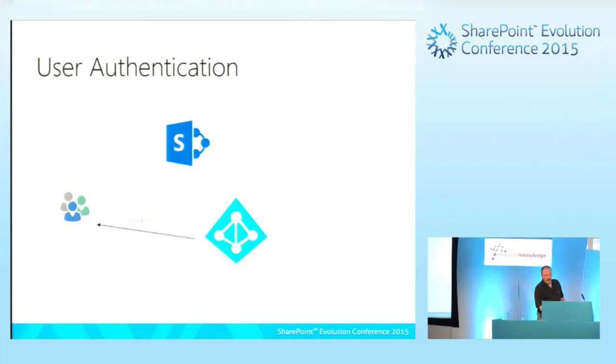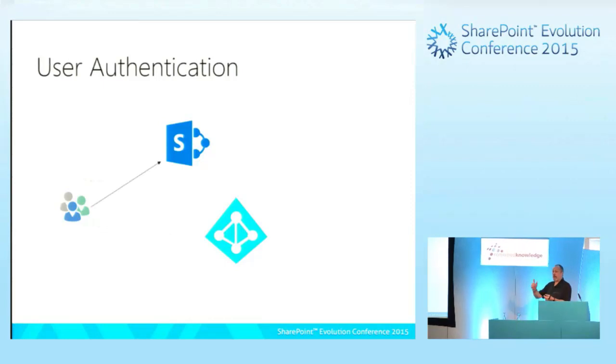That SAML token is then posted to SharePoint using JavaScript. The token is presented, and SharePoint will then use that token to determine who the user is. Does the user have authorization to the site or the list or the item that I'm trying to access?